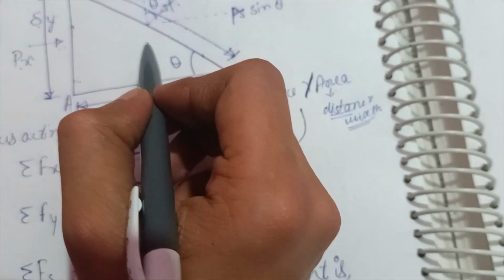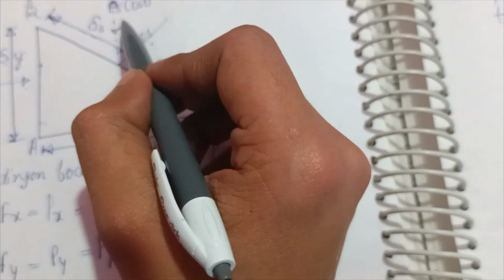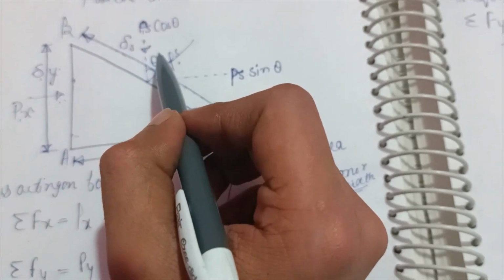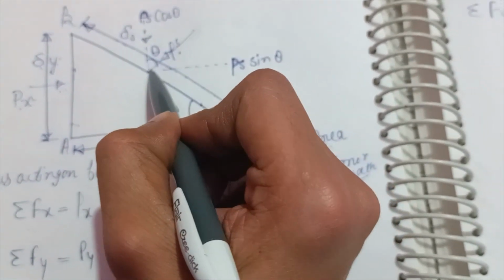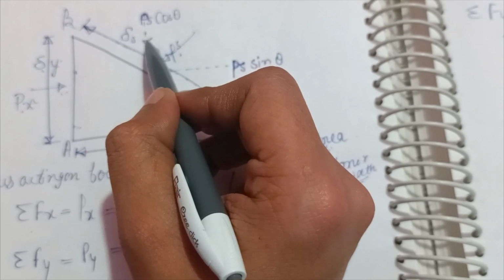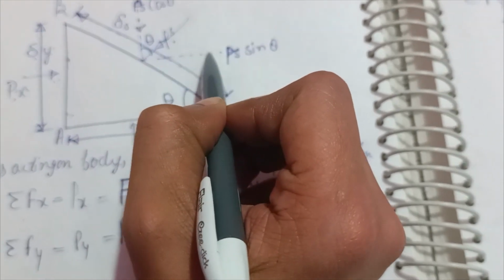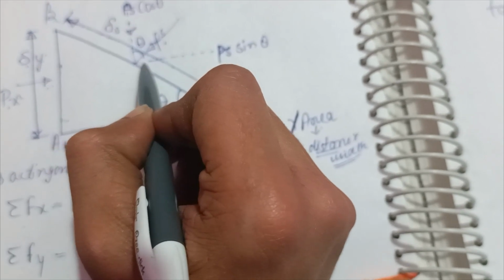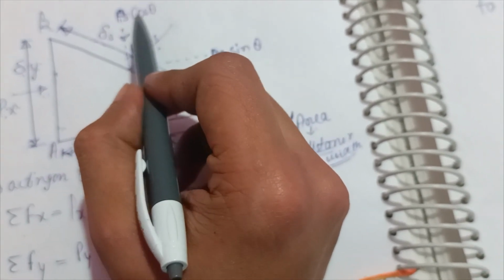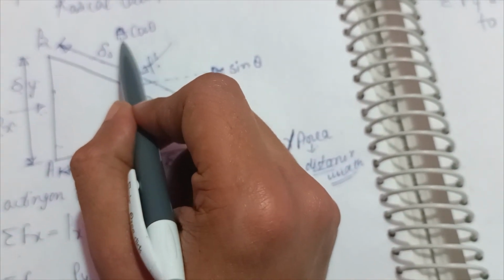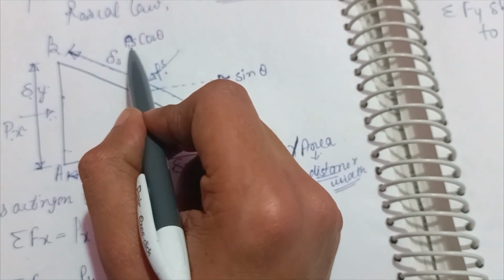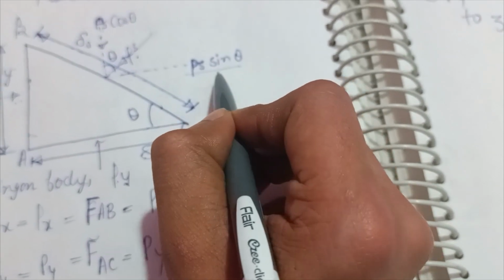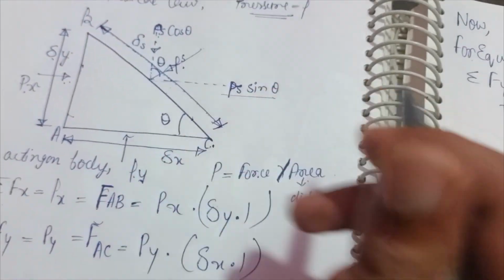At the hypotenuse of that triangle, the force Ps is divided into two perpendicular parts: the pressure exerted on one part is Ps cos theta, and on the other part is Ps sin theta.